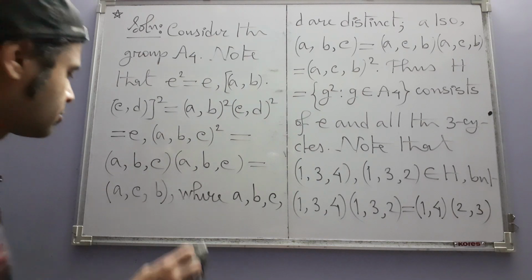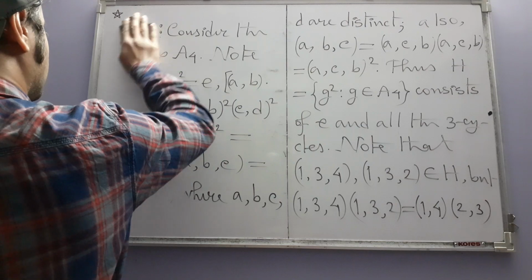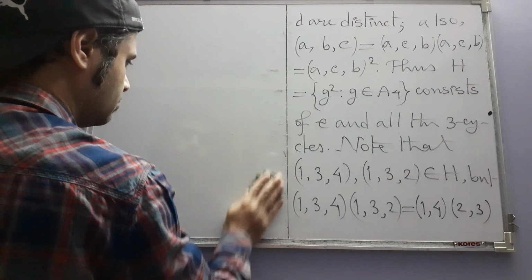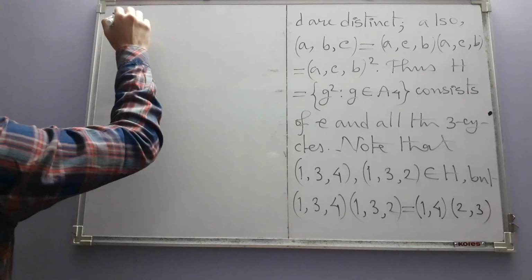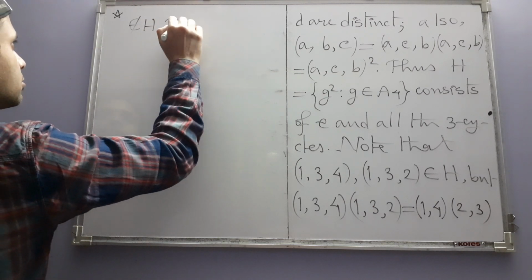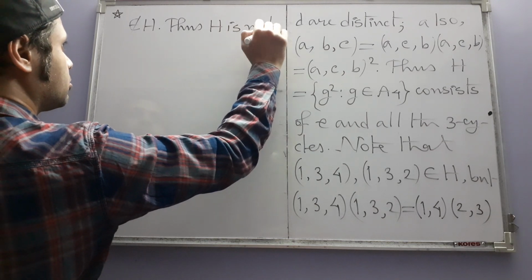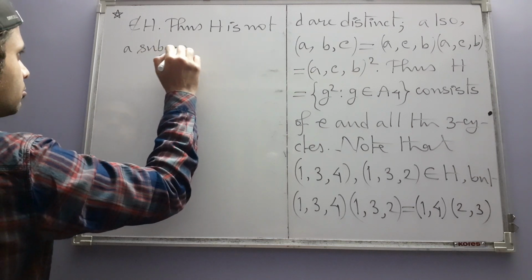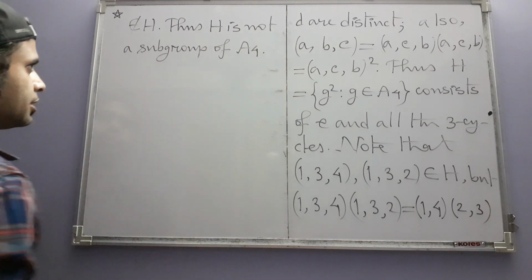So H is not closed, so how can it be a subgroup? Thus, H is not a subgroup of our group, that is A4.